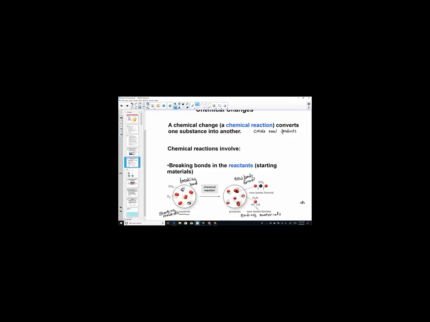Let's take a very specific example. When I look at this molecular model, notice that inside of the reactants, I have a methane molecule, CH4. I see 1, 2 of those. This little value here is going to be called a coefficient.